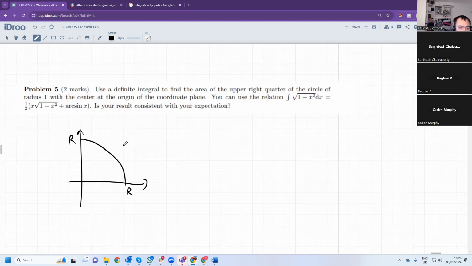Okay, so this formula, y is going to be square root of r squared minus x squared. So it's the integral of square root of r squared minus x squared dx from 0 to r.